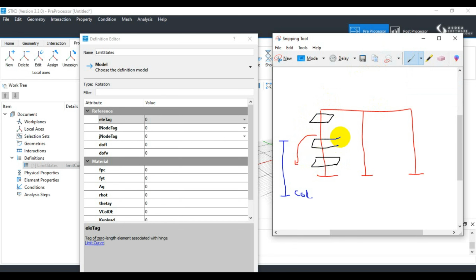It's not about discussing the graphical user interface and just putting A, B, C and getting X, Y, Z. You have to manually understand everything before just modeling this column in OpenSees.